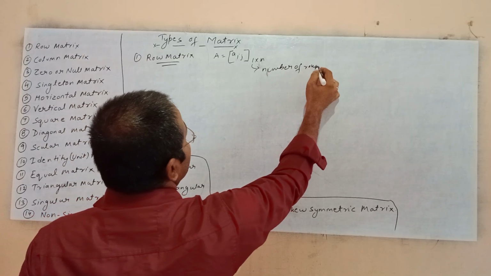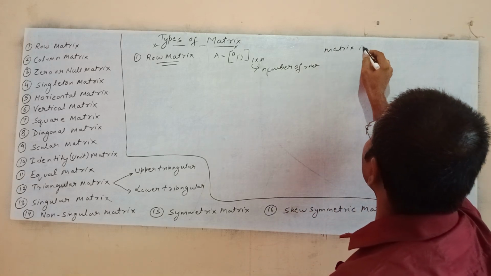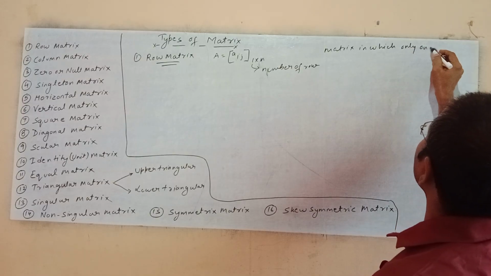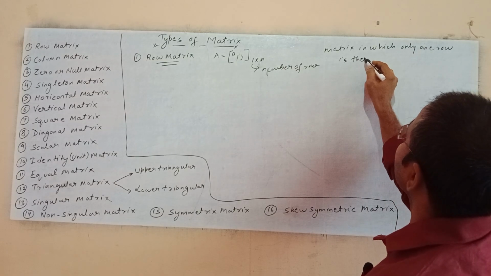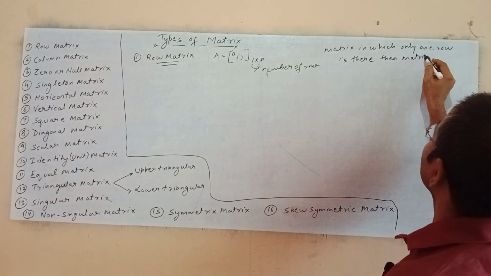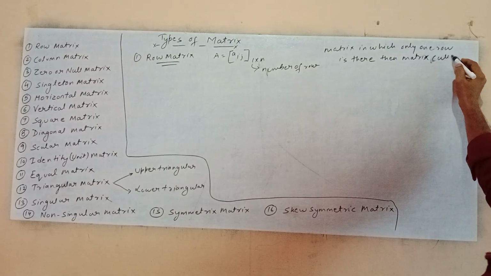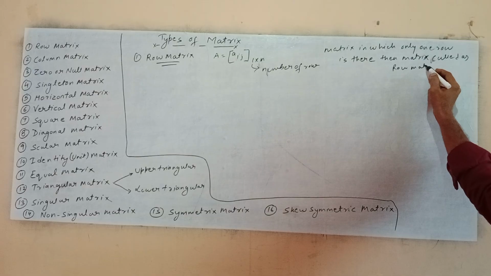1 cross n means the 1 represents the number of rows. Or you can define it as a matrix in which only one row is there, called a row matrix.